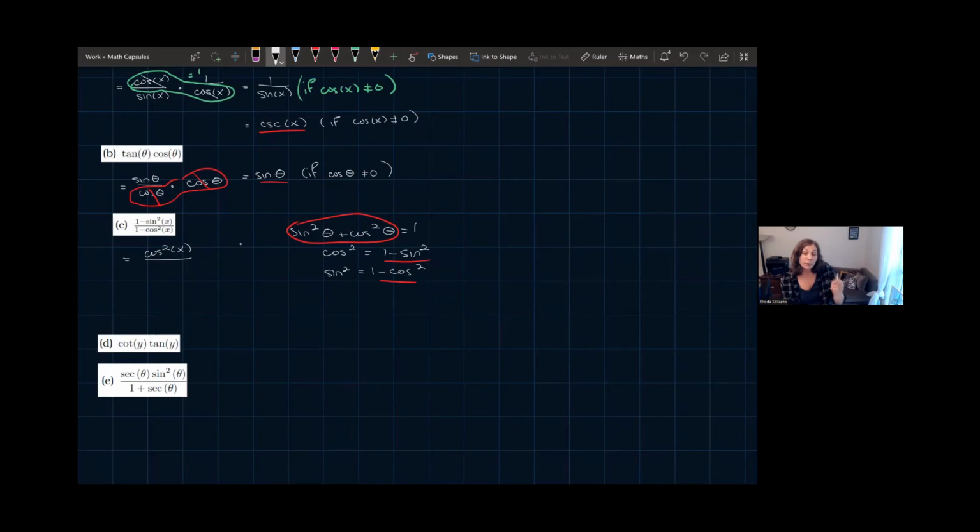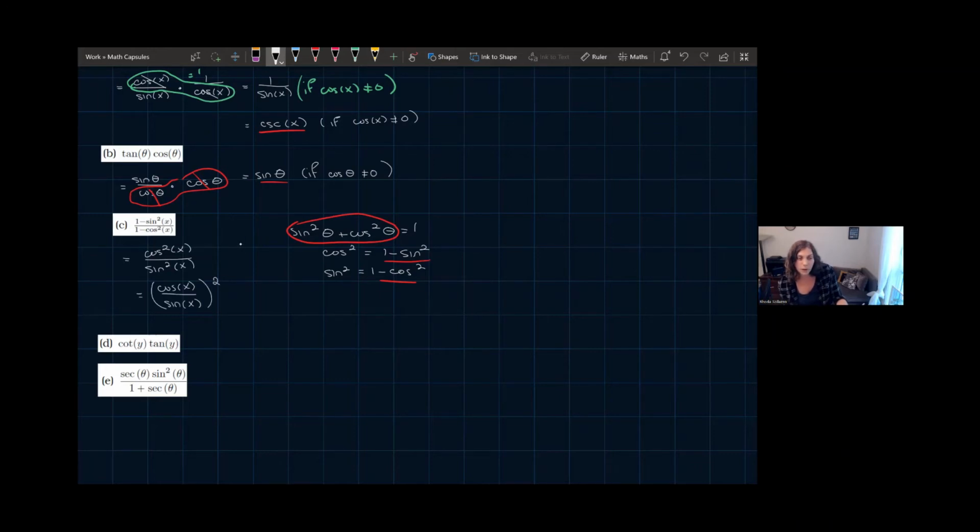So here I noticed right away my 1 minus sine squared. I'm really trained to notice that, and you should be too. So I replace that right away. And then same thing, I see 1 minus cos squared in the denominator. That tips me off immediately. I'm going to replace that with sine squared. So this is cos all squared over sine all squared, which I could group as cos over sine.